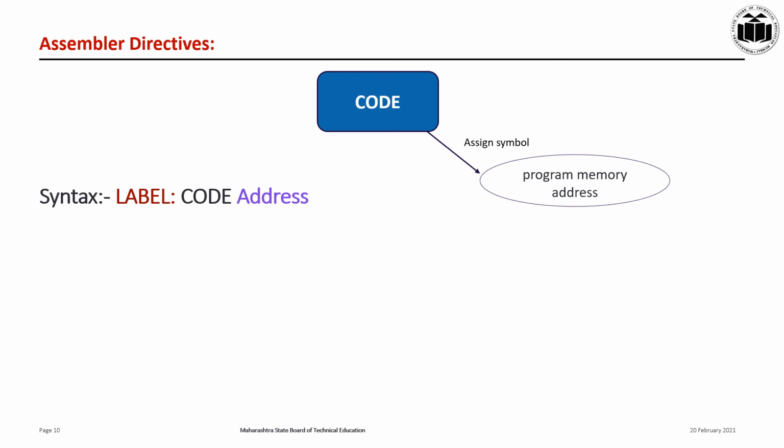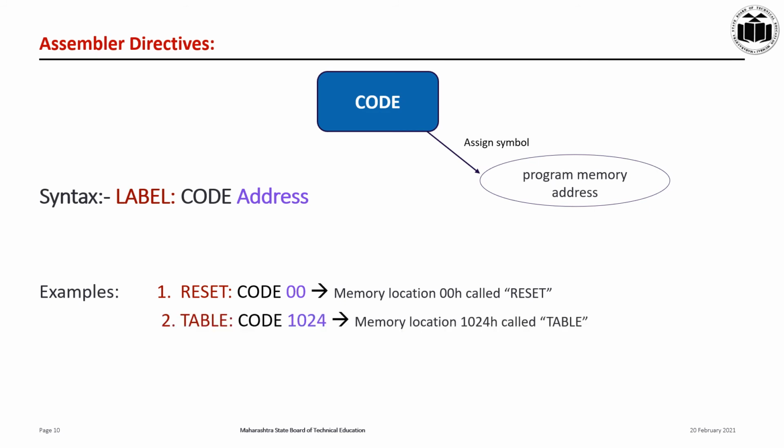Label indicates the name given to the program memory address given in the instruction. Example: reset CODE 00. Here memory location 00 is called reset. Table CODE 1024. Memory location 1024H is called table.